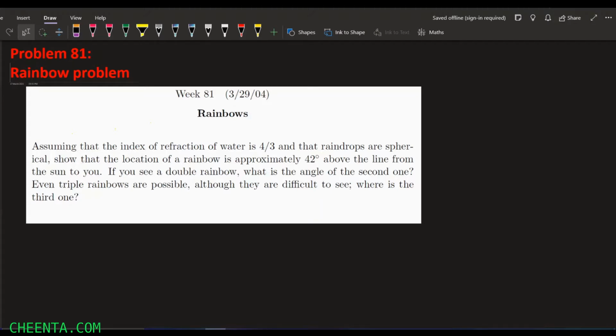So first let's understand them. And let me tell you one thing, that the normal rainbow is referred to as the primary rainbow, and the secondary one is referred to as the double rainbow.